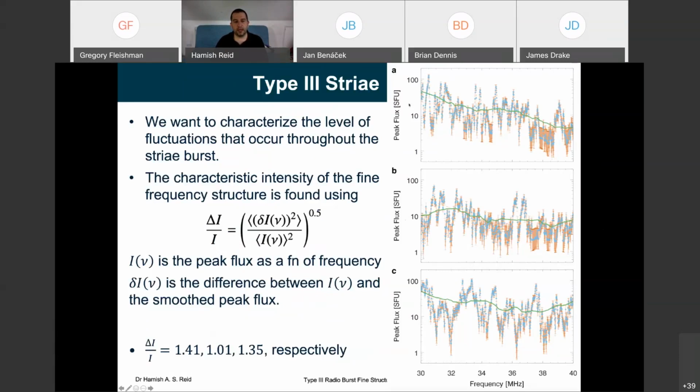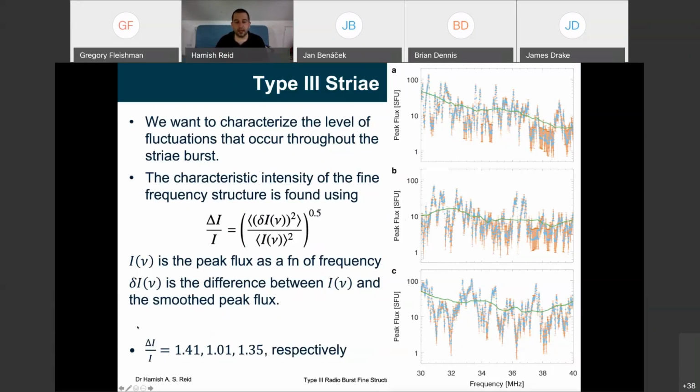So we have I, intensity as a function of frequency, as the blue dots, and then delta I, which is the difference between I and the smooth peak flux. And then we use this formula to calculate delta I over I, which we define as the characteristic intensity of the fine frequency structures. And we found levels of about 1 to about 1.4 for the 3 bursts themselves. And we'll use these figures a bit later.